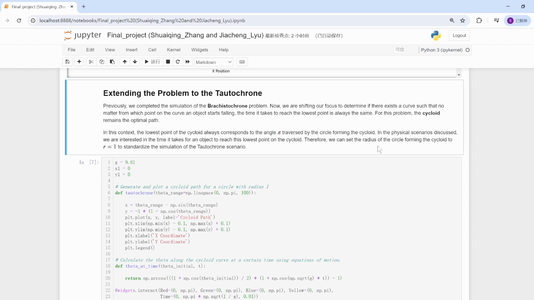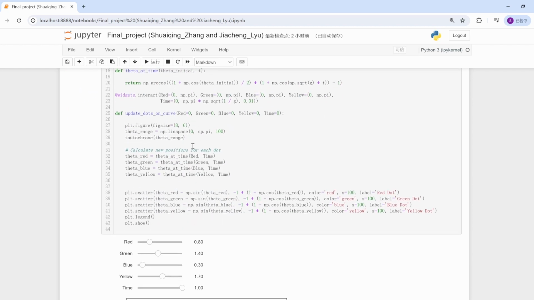Since we are only concerned with different starting points on the same curve, we directly set the radius of the circle to 1. The image generated by our code can display this situation.